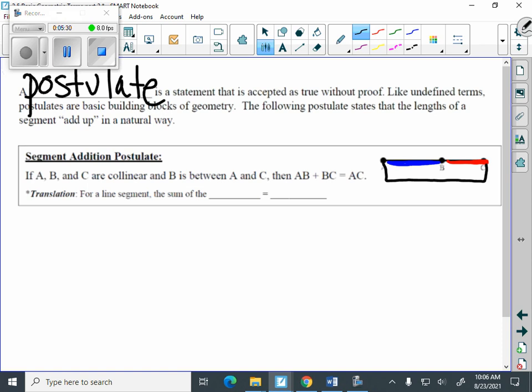Another way to think of it is that the sum of the parts equals the whole. We take the pieces, we add them up, we get the whole segment. And that is a postulate.